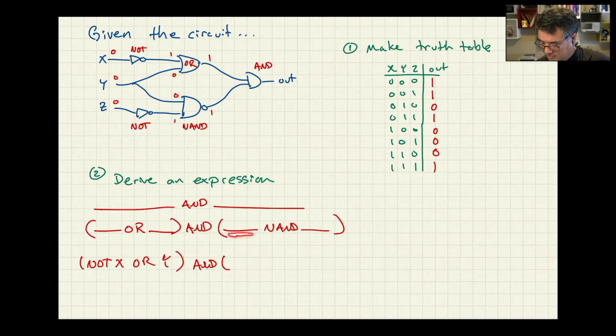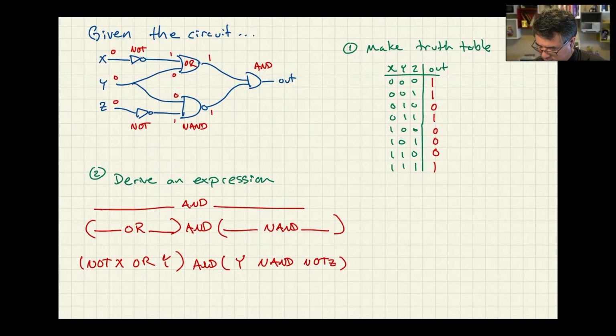The left-hand side of the NAND, which is the top one, comes from the Y. So I know there's a Y over there. And then the bottom side comes from this not Z. And that's the expression. So we got not X or Y, and Y NAND not Z.